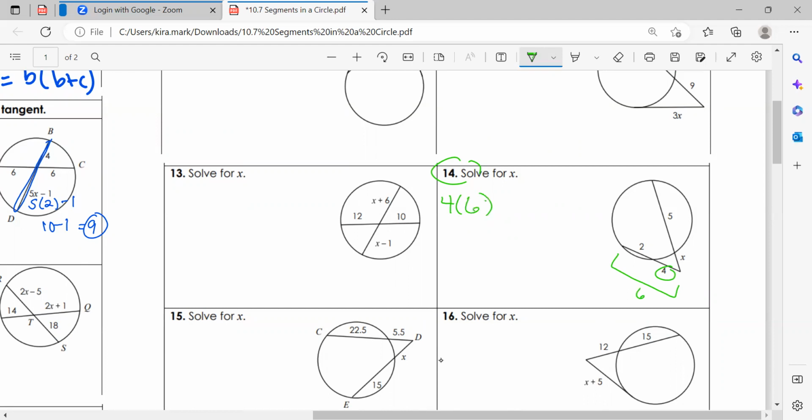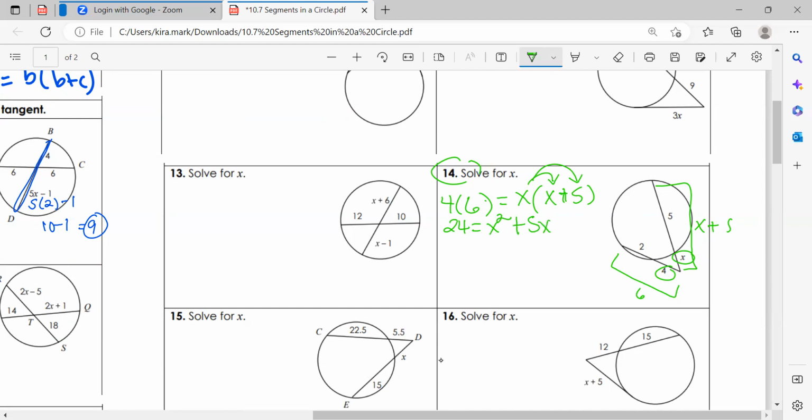That's easy enough. Outside bit. Whole thing, however, is X plus 5. So when that happens, we're going to get 24. And then distribute the X, we gain a degree, X squared plus 5X.